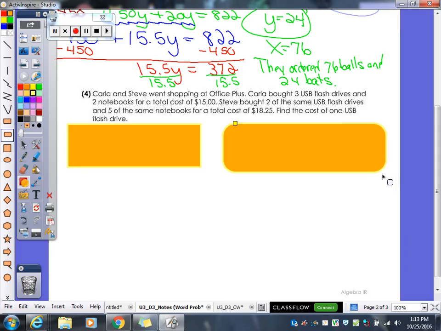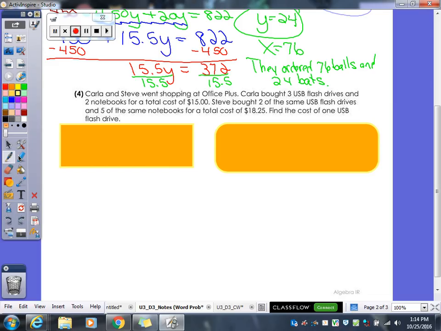All right, our let statements. We have two things that we're buying here: notebooks and flash drives. So I'm going to let F equal flash drives and N equal notebooks.